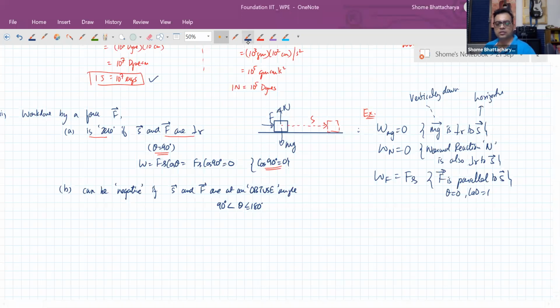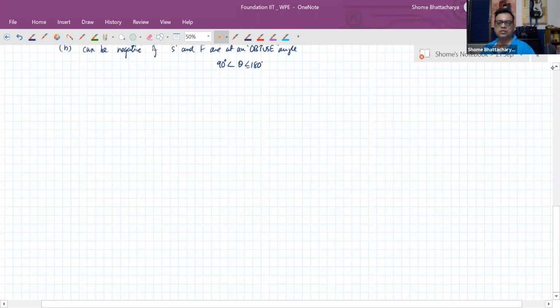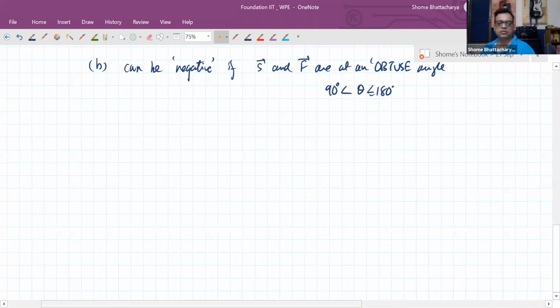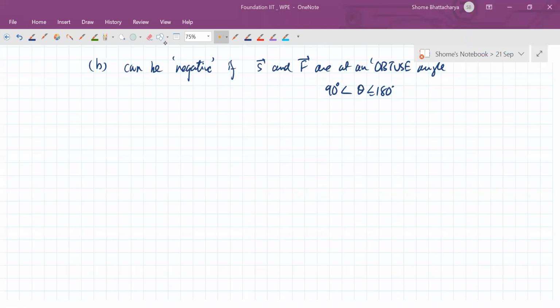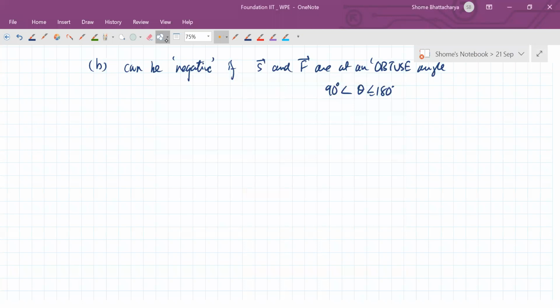Let's take an example. It is actually happening in a situation. Suppose in our example, the block is going to displace horizontally because it's lying on a horizontal surface.